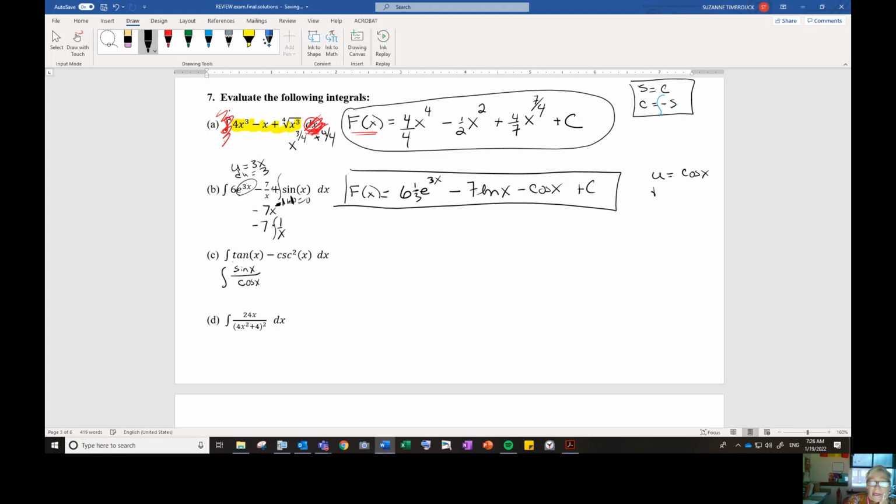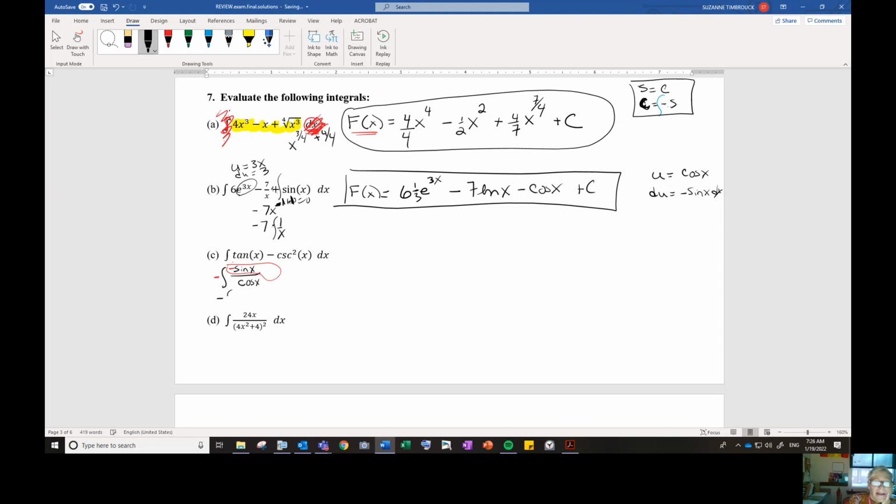If u is cosine, go back to your little handy chart, du is negative sine. So if I plug in the negative and then take out a negative, this is my du.